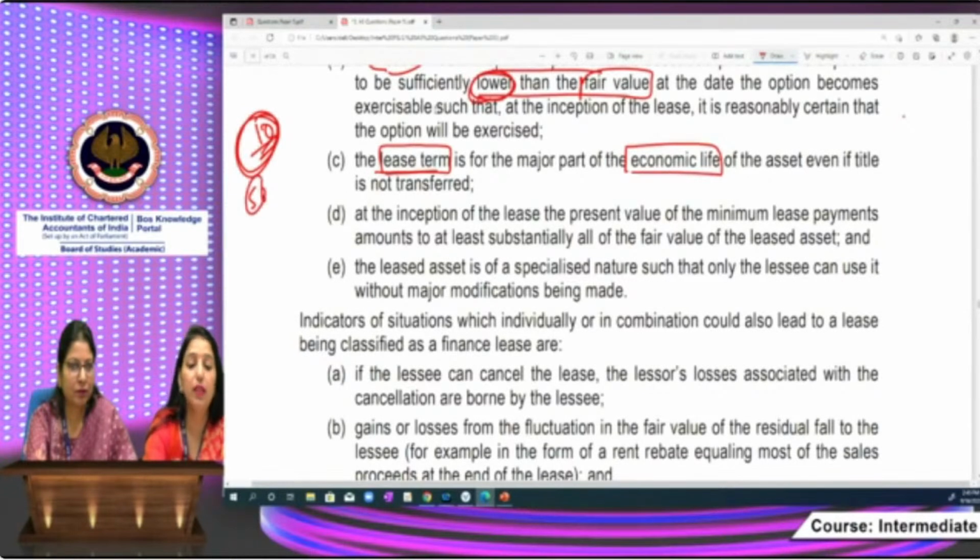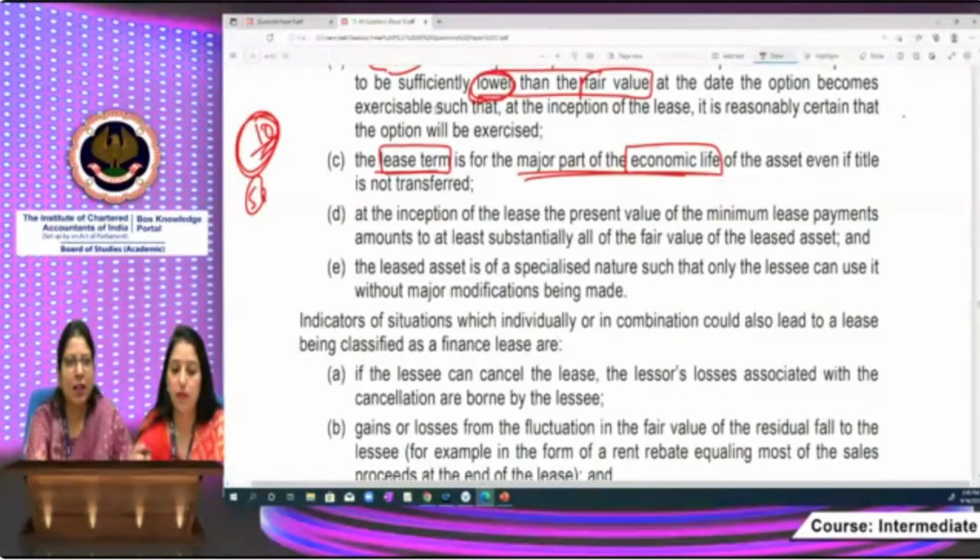It should be nearby 10 years. Only then can we say that this lease is a finance lease. It means it should cover the majority part of the economic life of the asset.